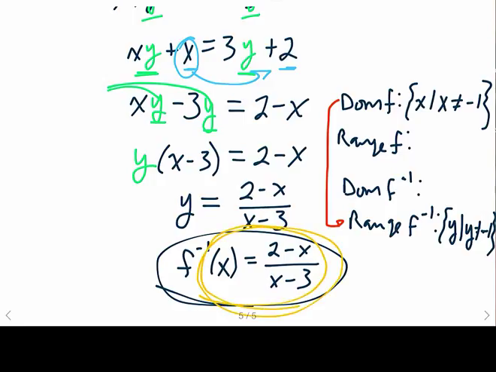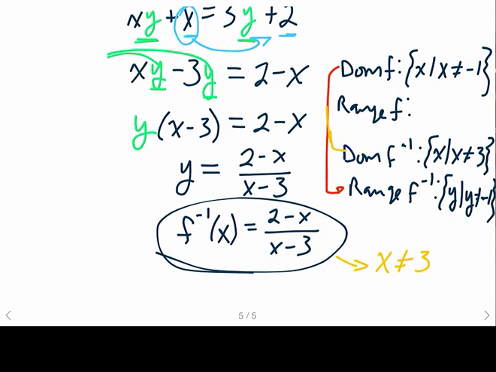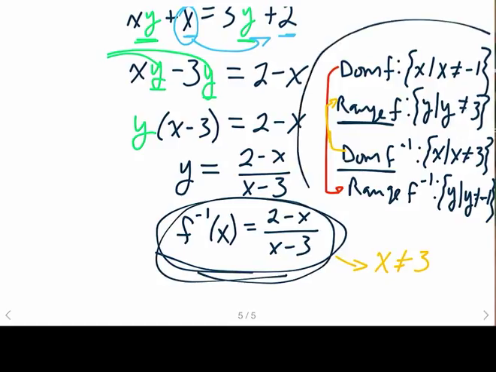Because f inverse is 2 minus x over x minus 3, I know that for f inverse, x cannot equal 3. That gives me the domain of f inverse, the set of x such that x does not equal 3. And that actually also gives me the range of f, the set of y such that y does not equal 3. So this is an example of a function whose range is more easily obtained after we find the inverse and use the domain of the inverse.